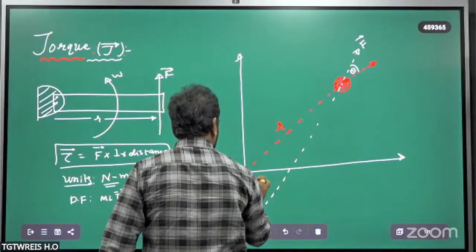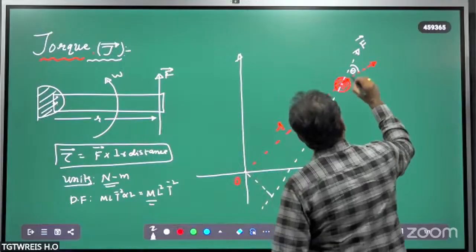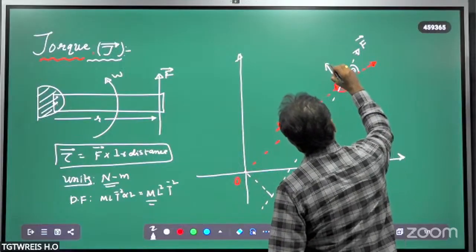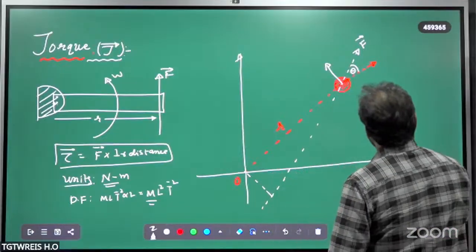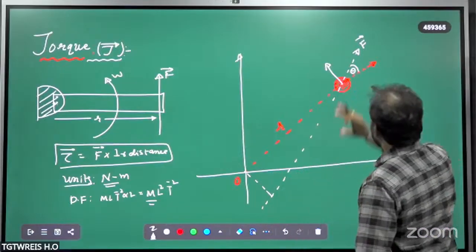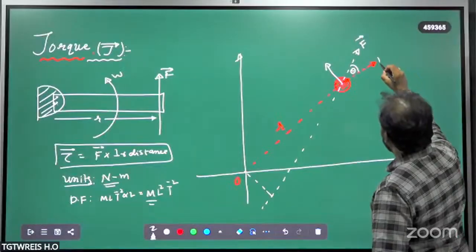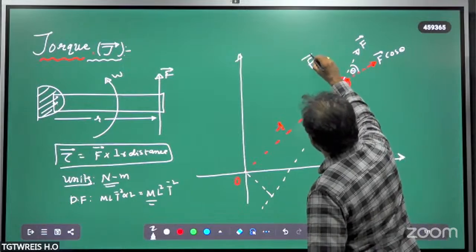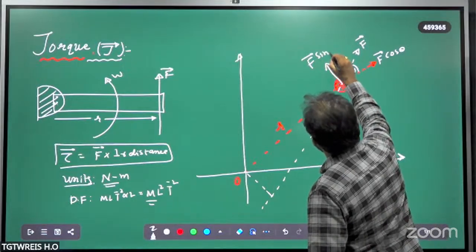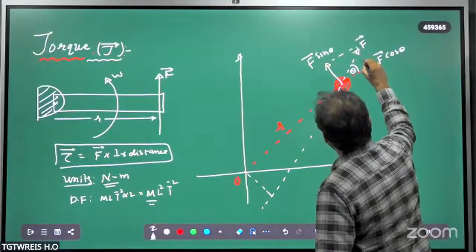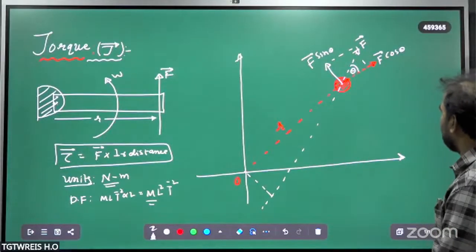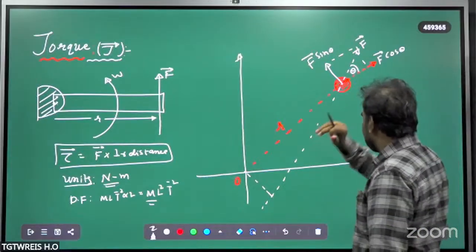Then the motion of the particle would be turned. The force can be resolved into rectangular components: F cos theta along the direction of motion, and F sin theta perpendicular to it. What is the perpendicular distance?